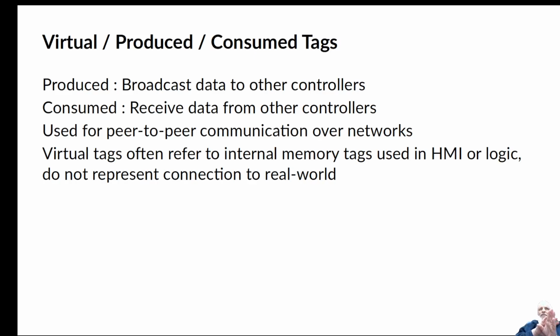And then it's going to broadcast that over to other PLCs if you're using Ethernet IP or some other network where you're sending it across the network. Where consumed means that you're receiving a tag from another PLC and then you're going to use it in your program, but it was generated on another device. Could be a robot or another PLC or just a remote sensor.